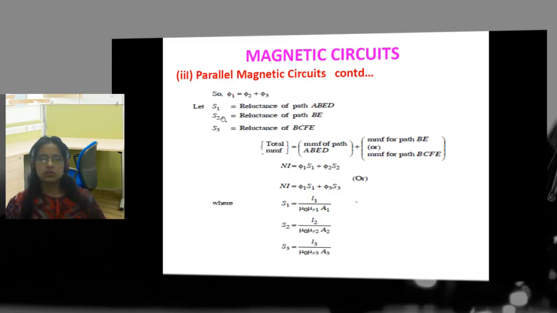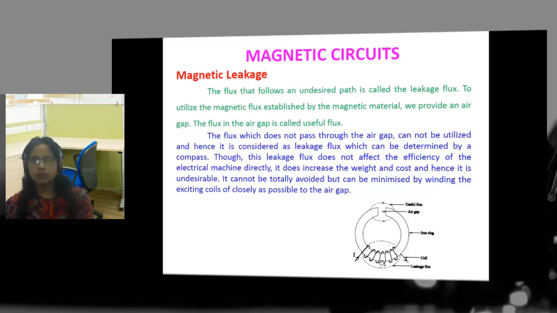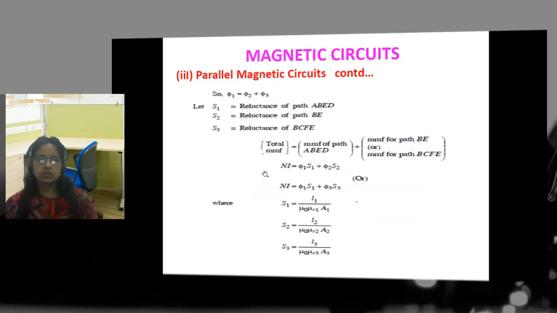S1, S2 and S3 are three reluctances, right? So the total mmf, which is Ni, will be phi 1 into S1, phi 2 into S2, and so on. After solving this we'll get the expressions for S1, S2 and S3. So this is how the parallel magnetic circuit works.